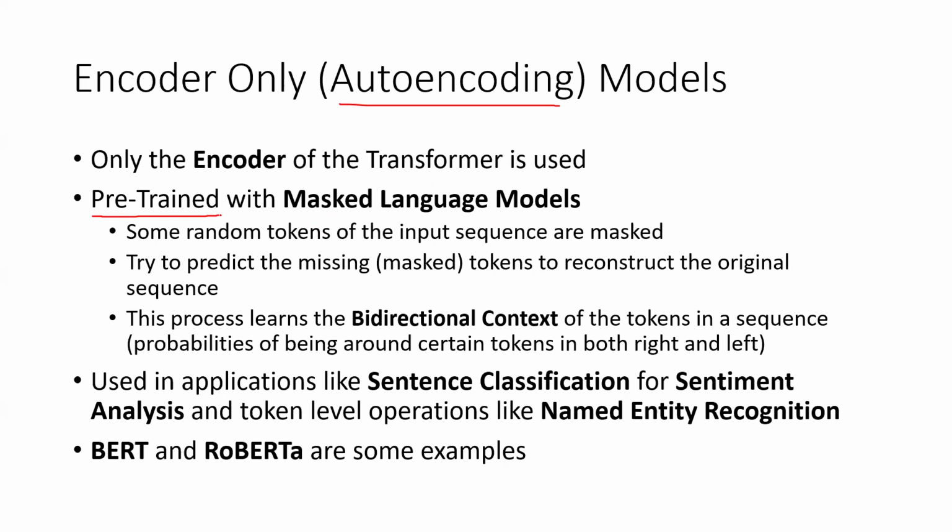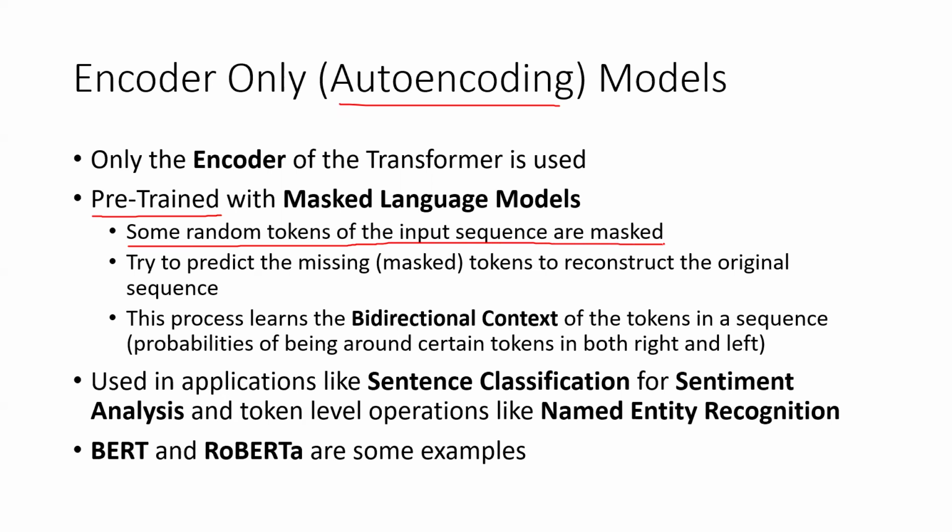But when you are training a transformer, you can use unsupervised learning techniques by using a huge text corpus, and you can remove some of the tokens randomly in the text and ask the encoder to predict what the missing token is. That is the masked language model training process, where you take some random tokens of the input sequence out, which is known as masking, and ask the model to predict the missing tokens.